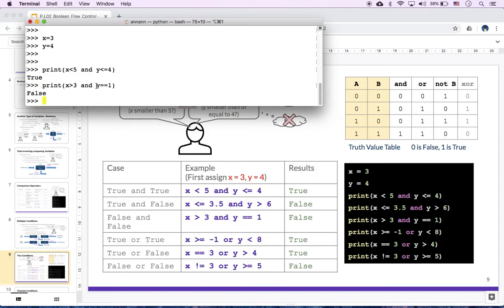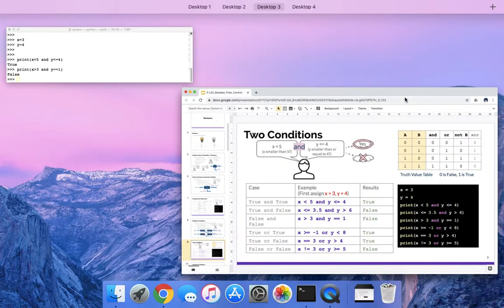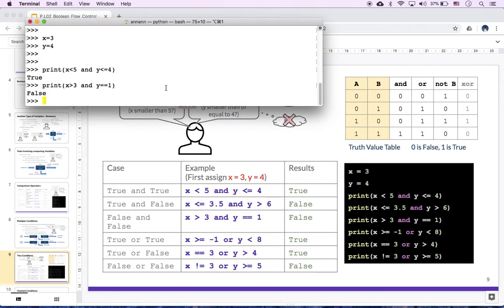Okay, and then y is 4, is not equal to 1, also false. So false and false here, false, 0 and 0 is 0. Okay, so we have false and false, so we have false at the end. Okay, you can also try the remaining examples here.